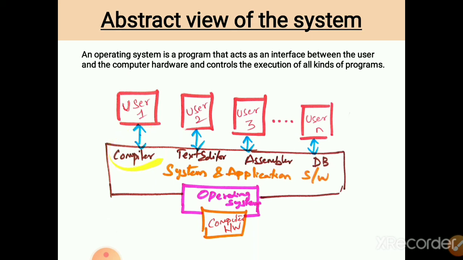Many users can interact with system or application programs, such as the compiler or the text editor. Then we have the operating system, and first the computer hardware, like the CPU, RAM and I/O devices.